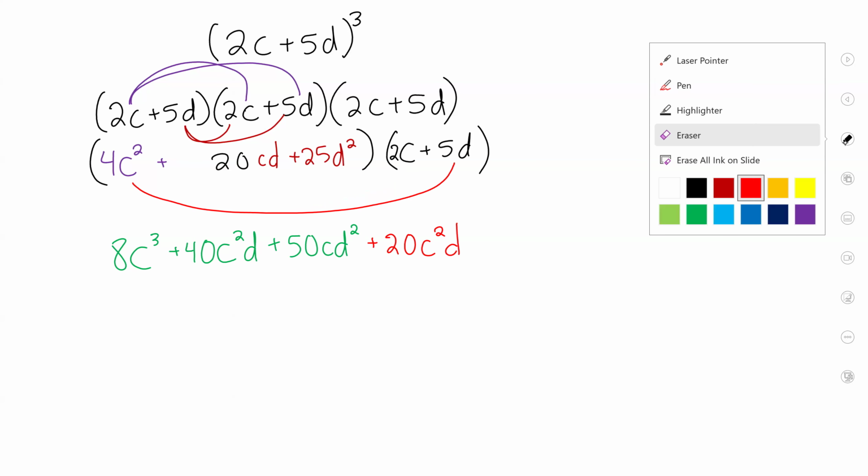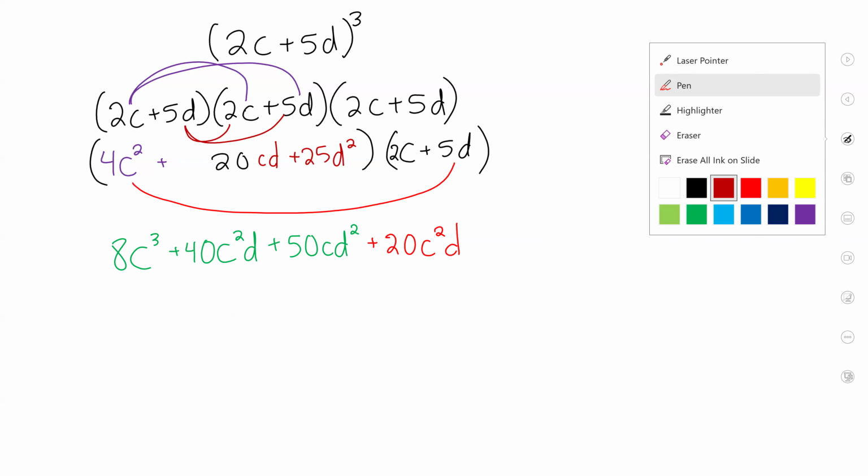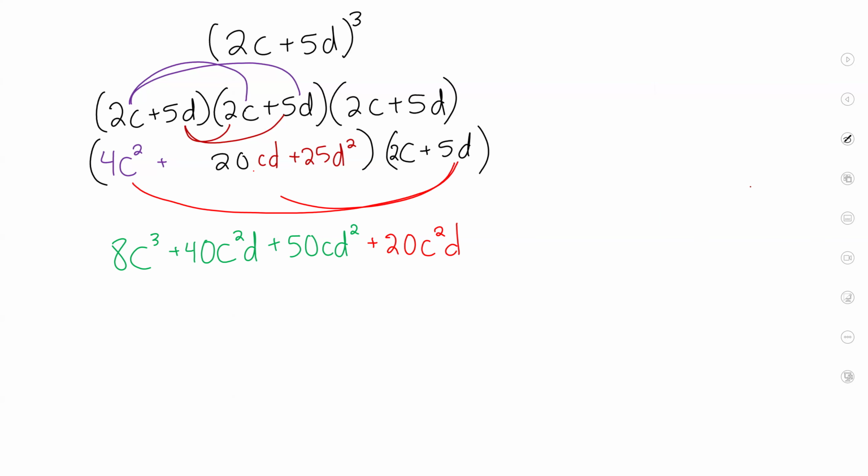Okay, 5d times 20. 20 times 5 is 100. And I have the letter c, and I have 2 d's. So that'll be d squared. Then 5 times 25, that's 125. And I have 3 d's total, so that's d cubed.